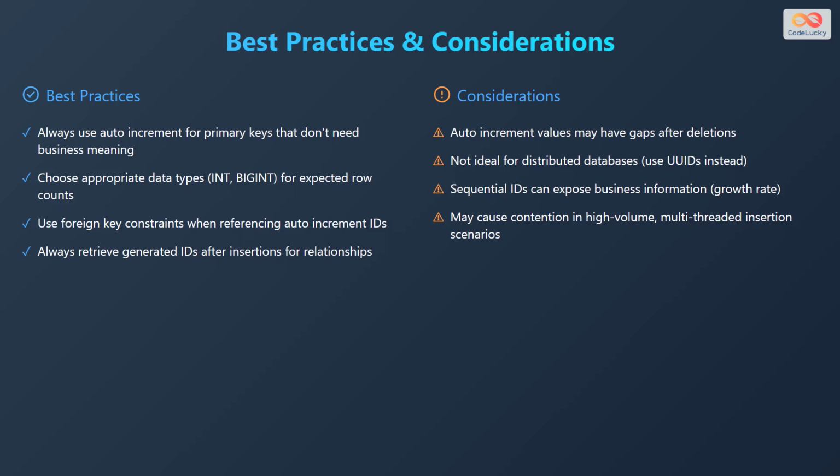Third, sequential IDs can expose business information, such as growth rate. Be mindful of this when designing your database schema. Fourth, auto increment may cause contention in high-volume, multi-threaded insertion scenarios. Consider using alternative strategies such as pre-generating IDs to mitigate contention.